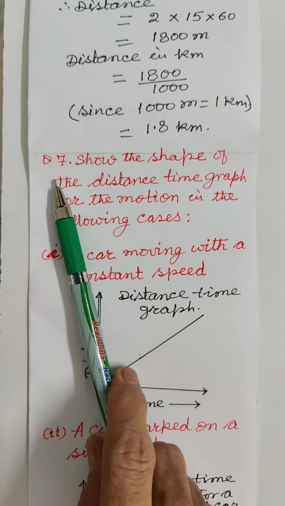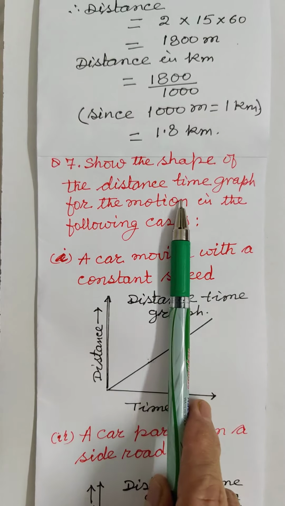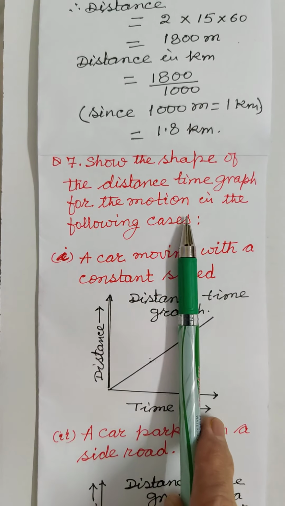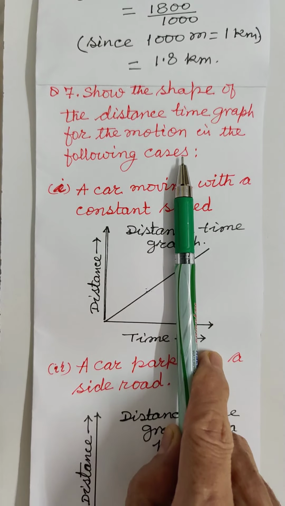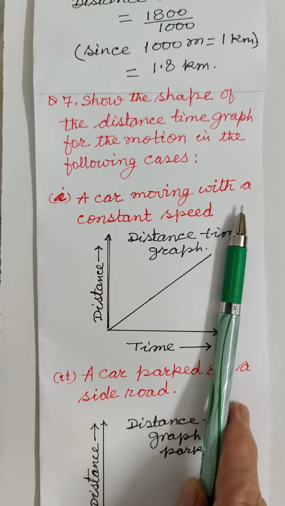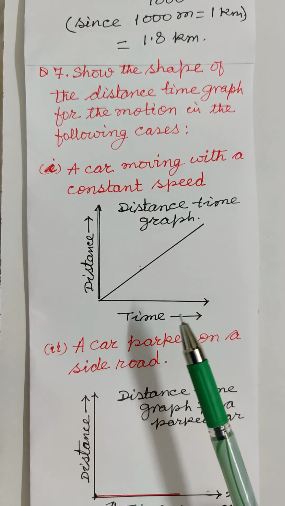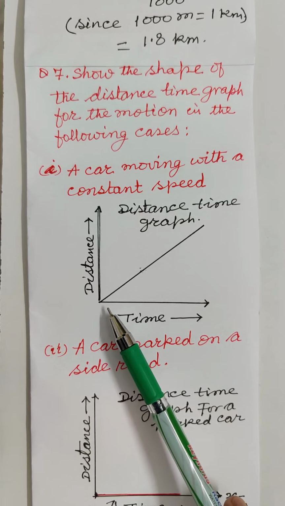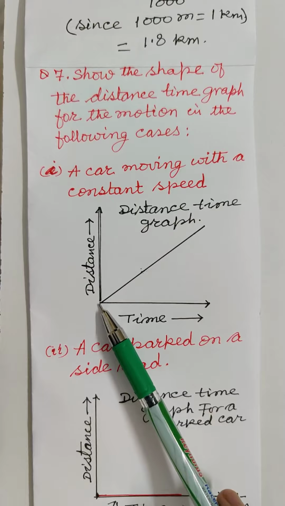Question number 7. Show the slope of the distance time graph for the motion in the following case. We have to draw the distance time graph. A car moving with a constant speed. When any object moves with a constant speed, its graph remains like this.